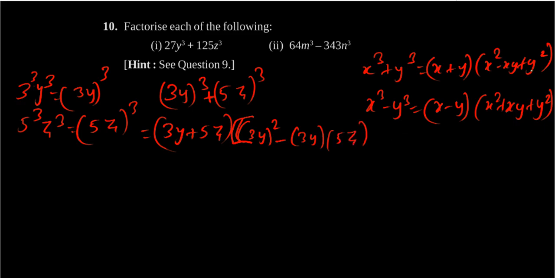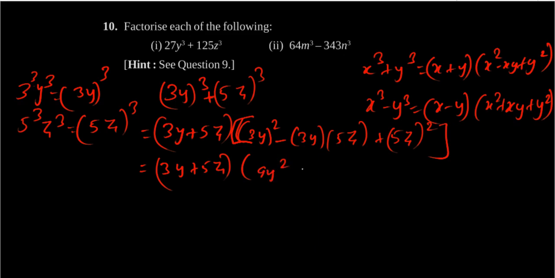And the last term is y square, so in place of y square, we have to write (5z) the whole square. So let me remove these brackets here, so that 3y plus 5z into 9y square minus 15yz plus 25z square. So we have factorized this first polynomial.